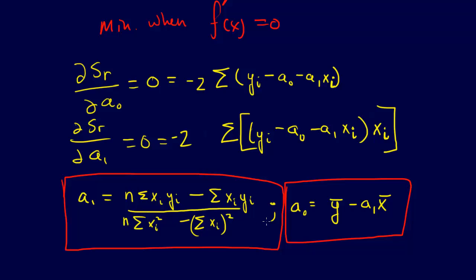Then a naught is equal to y bar minus a1 x bar. So those are the equations, and that's how you come up with them.